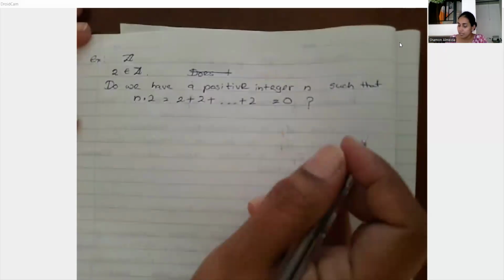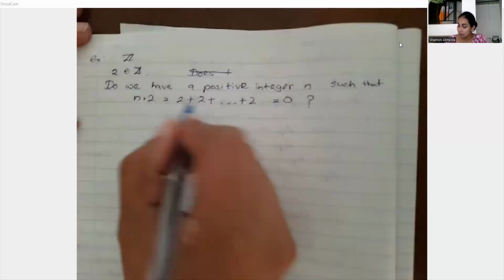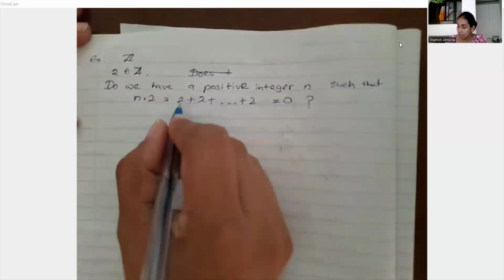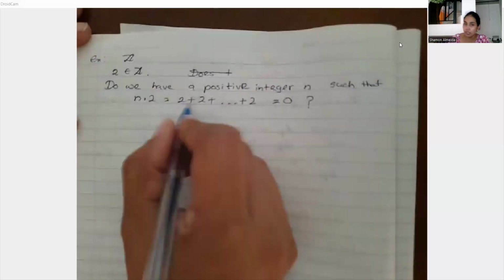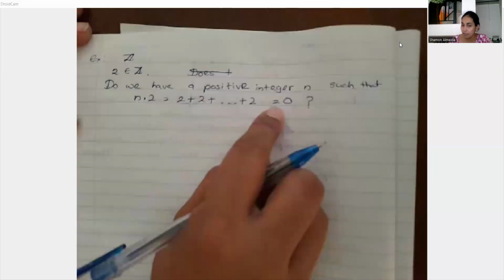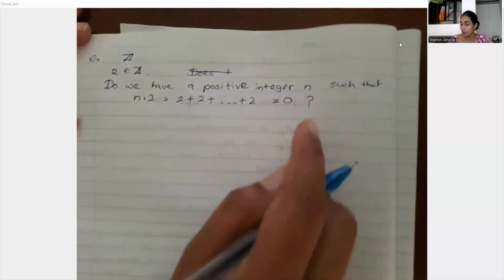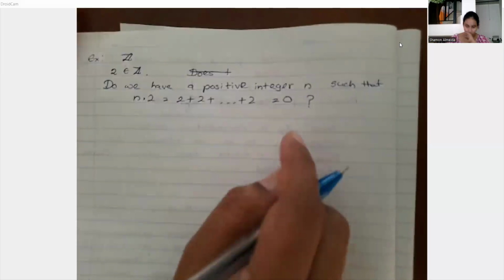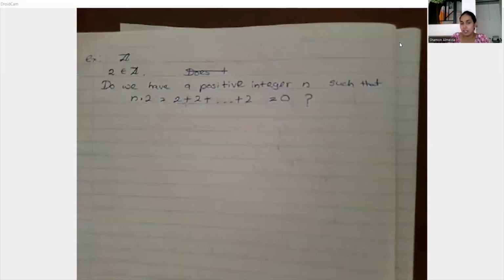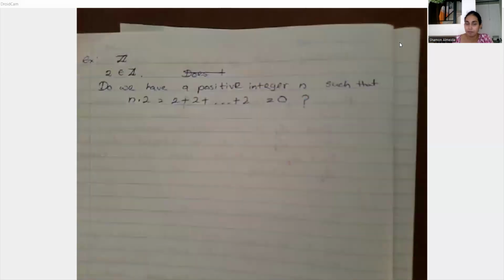And we can see that this summation will never go to 0 for any positive integer n. Therefore, for any non-zero integer, you can never find such n. Right?